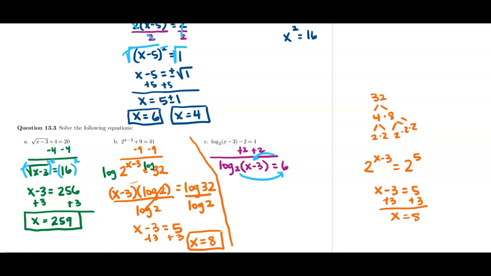Because oftentimes that's going to be the easier way to look at these. So I get 2 to the 6th power equals x minus 3. 2 to the 6th power is 64, equals x minus 3. And then I just need to add my 3 over. So I should get 67 on that one. x equals 67.